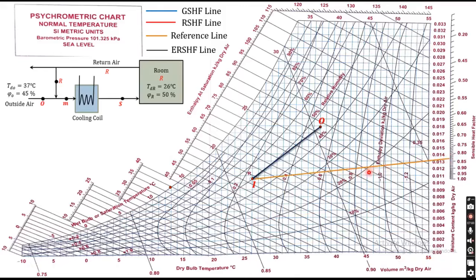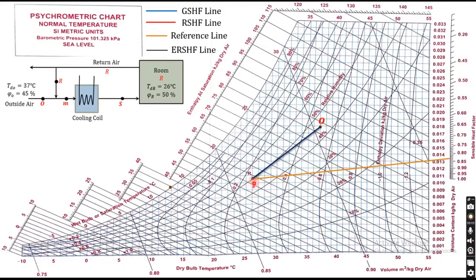Now the procedure is, parallel to this reference line and passing through the room condition, we have to draw a parallel line extending up to the saturation line, right? But in this problem we have room condition as a reference point only.